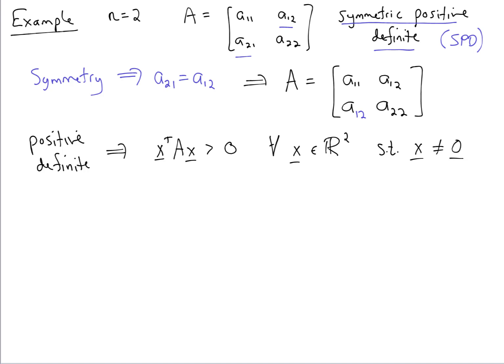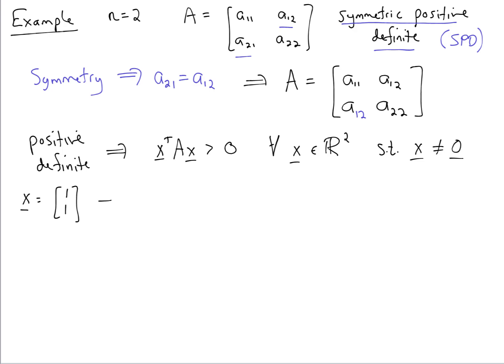So let's explore this. Let's plug in some different values for this vector x and get a feel for what it means for this matrix A to be symmetric, positive, definite. Any x in R2 that's non-zero has this property. So we can pick anything we want to get a sense of what A looks like. So why don't we try out x equals 1, 1.